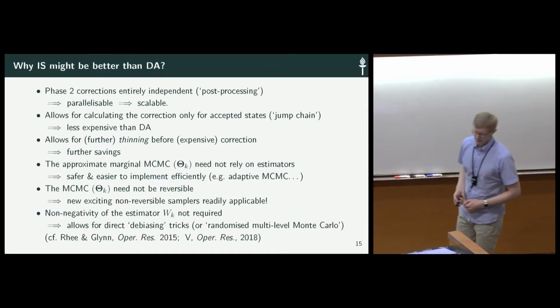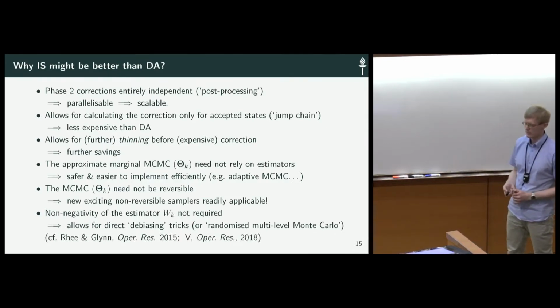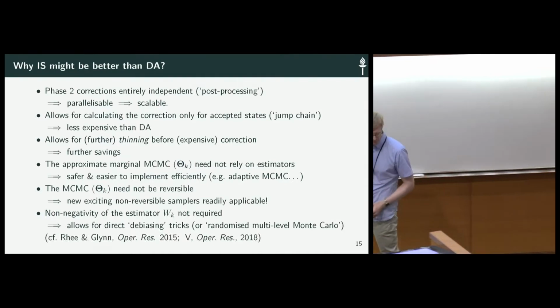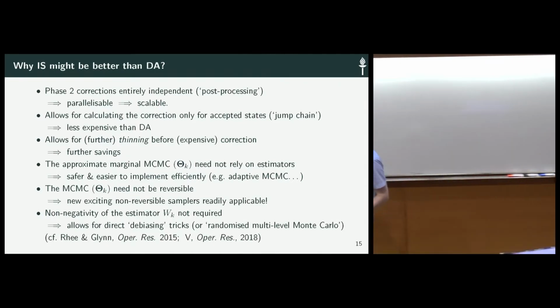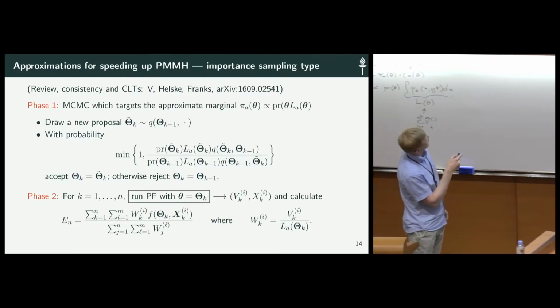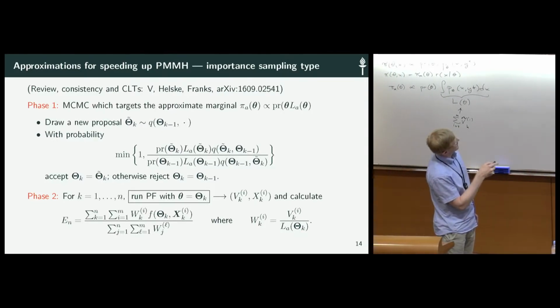Yeah, and there are other things which can be substantial or interesting here. So here, I said that for all of the values of the output of this chain, you run the particle filter. Well, in many cases, this is a Metropolis Hastings, you can be more general, but here it's Metropolis Hastings, and this has some positive reject probability.